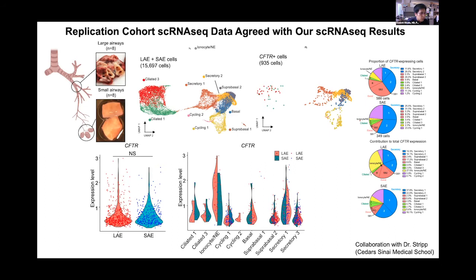Ionocyte contribution is bigger than in our data set, but still less than secretory or basal cells. This ionocyte contribution to CFTR expression dramatically decreased in the small airway data set, and in contrast, secretory cell contribution increased in small airways. That is also consistent with our single cell RNA sequence and the morphometric data.